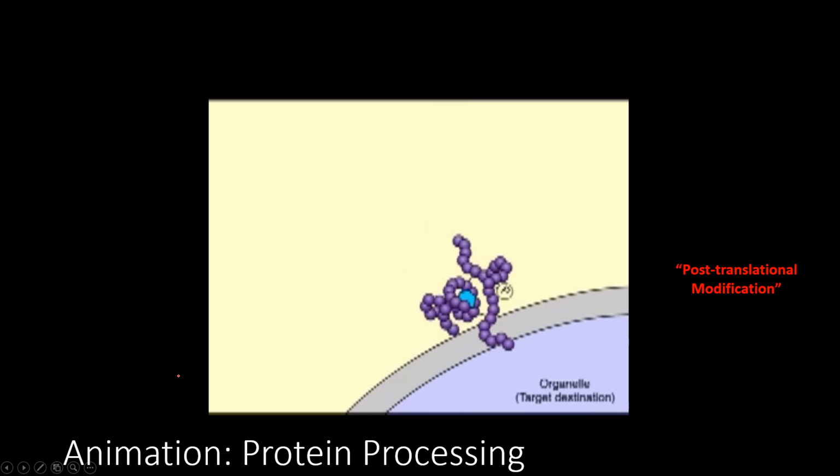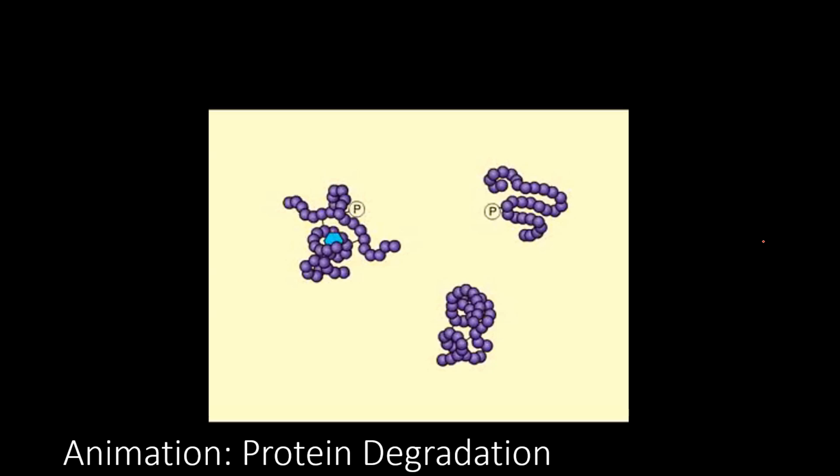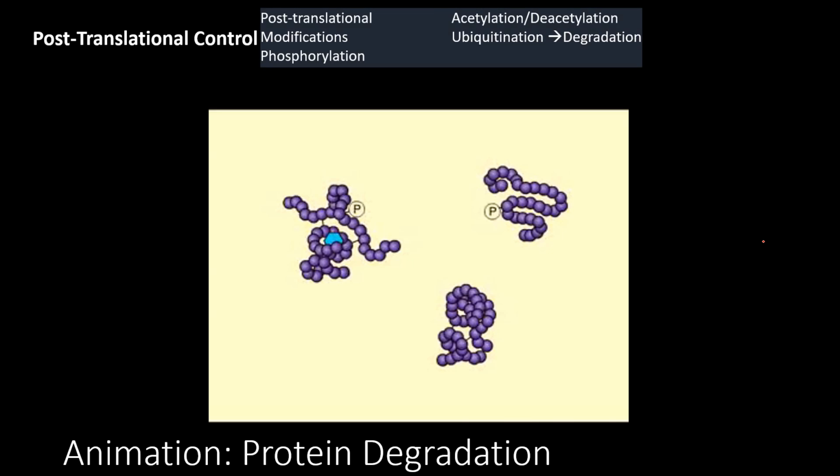There's many things you can do after the protein is translated, basically. And so collectively, we can talk about these as post-translational modifications. And then this animation talks about ubiquitination. You don't have to really know too much about that, other than proteasomes degrade proteins back to their amino acids.